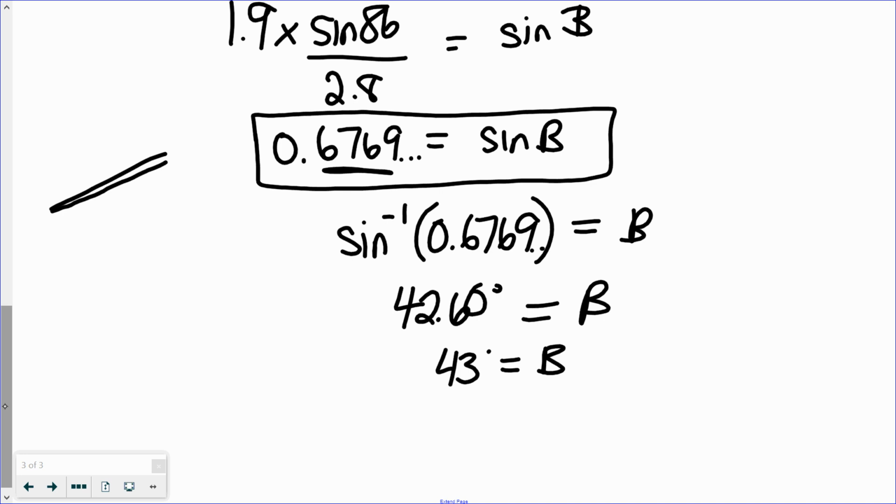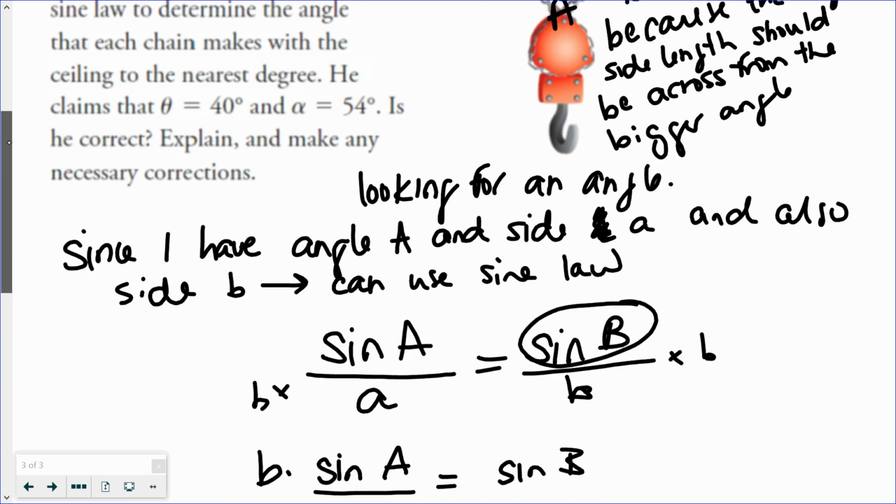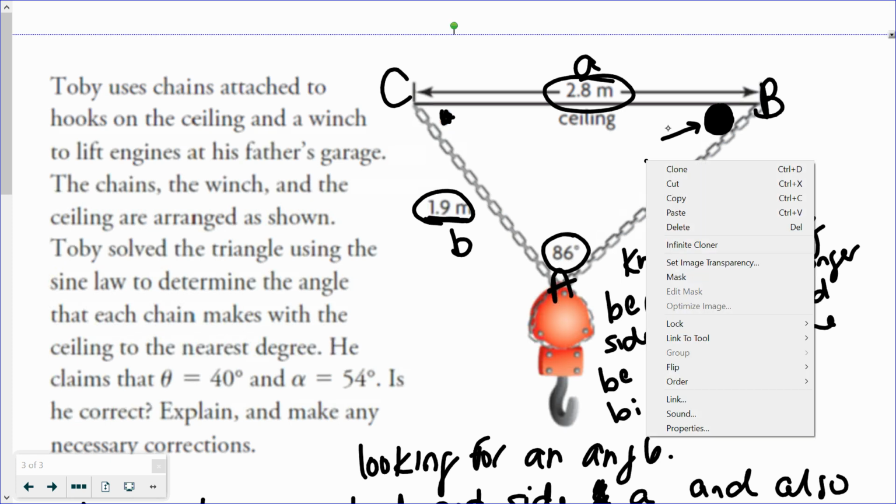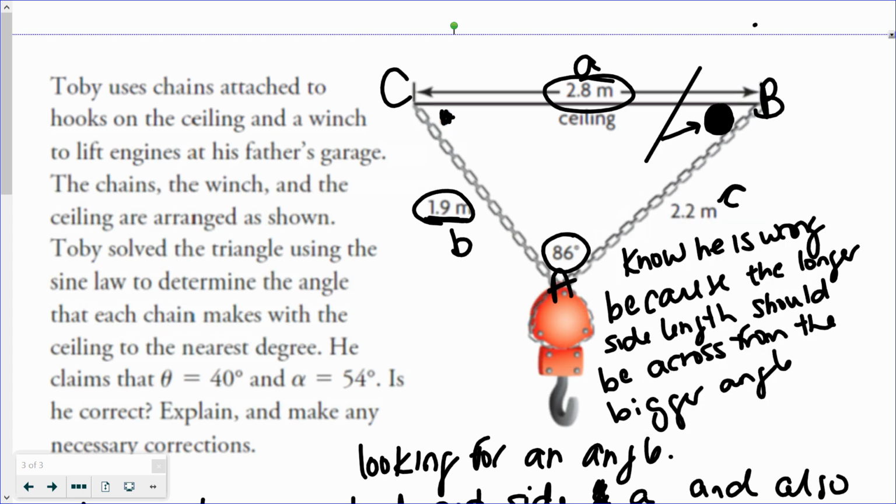So now if I go back up, I get angle B. Again, that was representing what we called alpha, or what Toby had called alpha. So this is 43 degrees. And so we could find angle C by using the sine law again. I'm lazy.